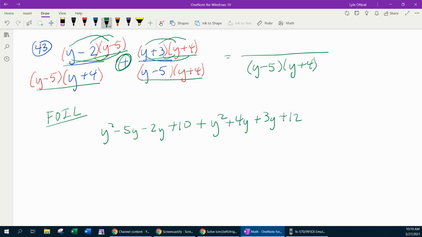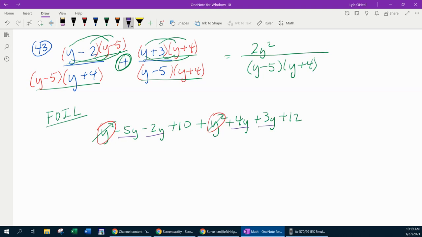And then if I go through and CLT, if I combine like terms, I'm going to have my numerator. So let's start with our y squareds. That's going to give me 2y squared. And now those are done. Next, I've got a minus 5y and a minus 2y, and a plus 4y and a plus 3y.